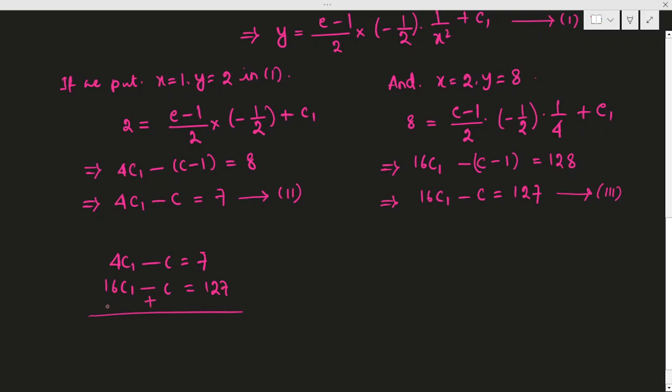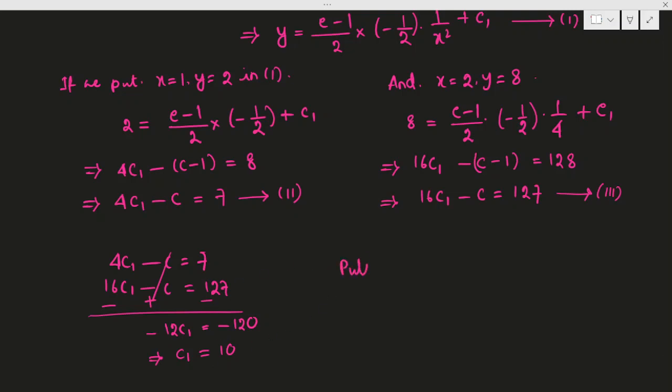So here we will subtract, and we get minus 12c1 is equal to minus 120. So c1 is equal to 10. So we get c1 is equal to 10, and if we put c1 in either of these two equations, we can easily get the value of c.